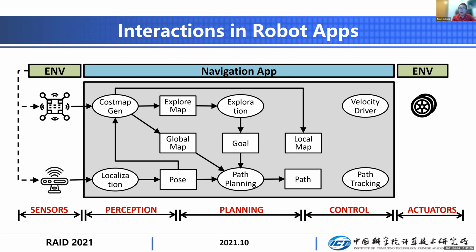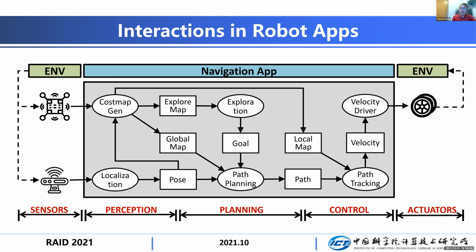The control module is used to enforce these actions and ask the actuators of the robots to do the corresponding actions. So we can see that through the entire process of the navigation, different nodes in different stages are highly interactive with each other.